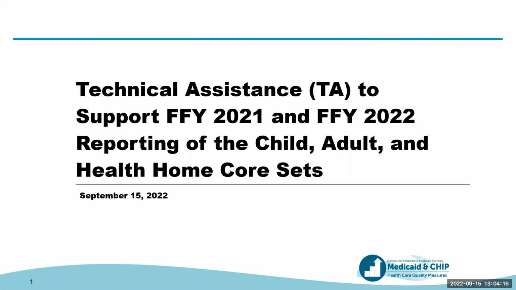The Biden-Harris administration has made expanding access to high-quality, affordable healthcare a top priority, and by stratifying the core set data, we will be able to further our understanding of the health disparities, and health equity for racial and ethnic minorities and other underserved and marginalized populations that are enrolled in our programs.